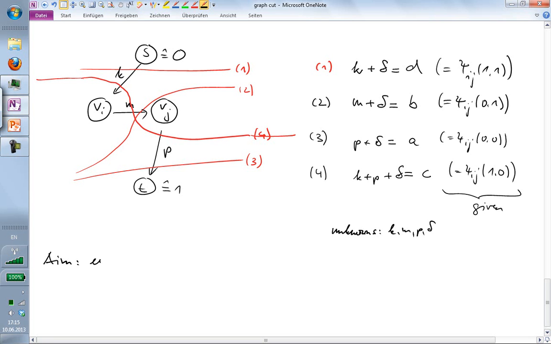So the aim is to express the capacity P and the offset delta in terms of the potentials.